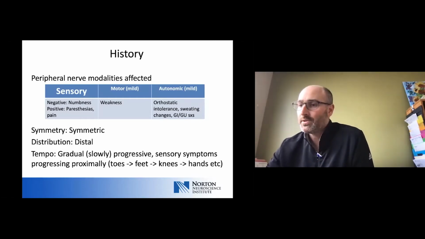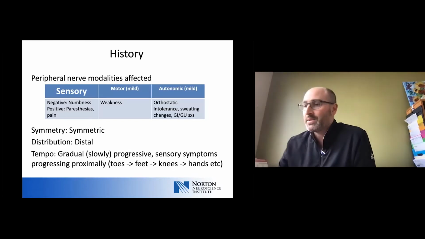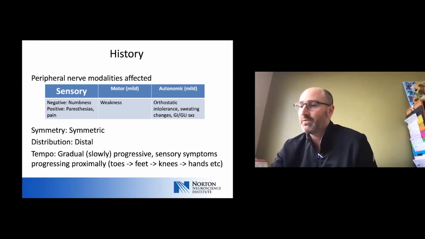So in terms of confirming the presence of a distal symmetric polyneuropathy, more often than not, this process is going to be pretty straightforward. And you can often get what you need by history and exam alone to confirm the diagnosis. Now, when we think about various peripheral polyneuropathies, we tend to focus on three different types of nerves that could be involved.